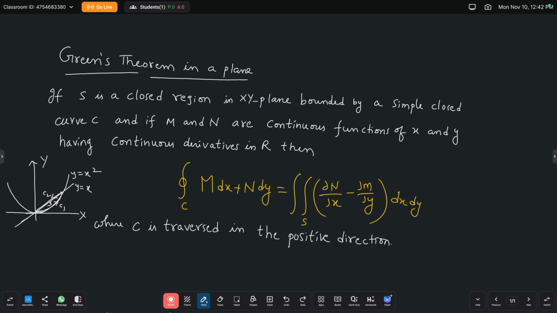Here C is taken in the positive direction, that means the curve is taken in the anti-clockwise direction or clockwise direction. This is called Green's theorem.